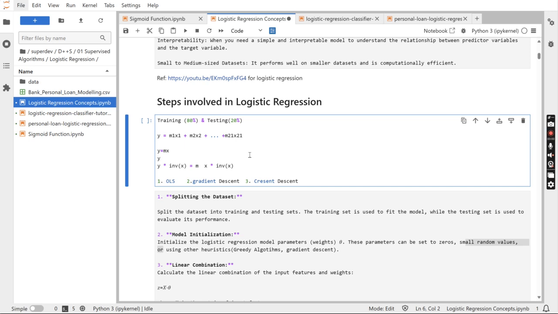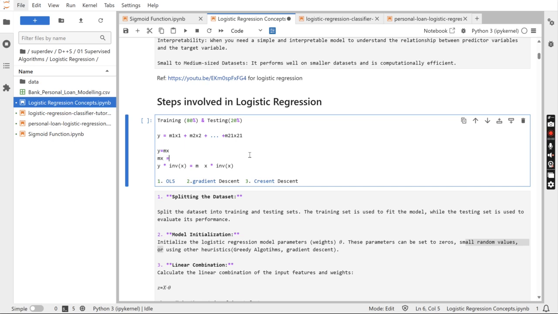In normal mathematics, in normal division, you can do either y by x equals m, or you can divide and multiply by x. Let me write it like this: m is equal to y divided by x.